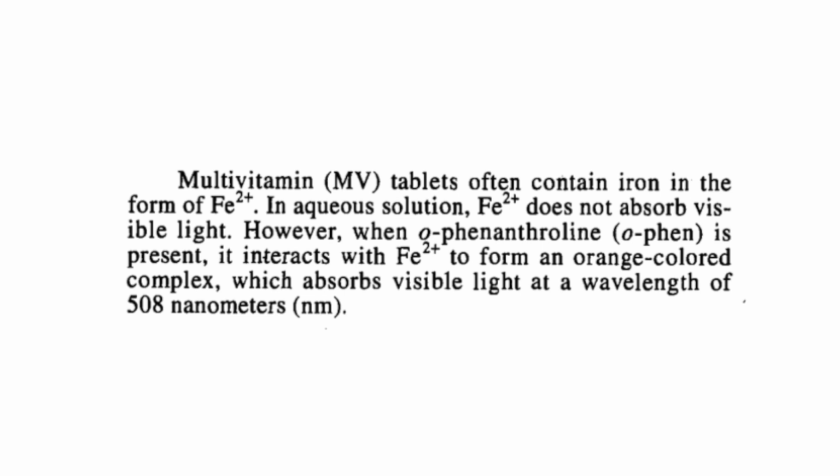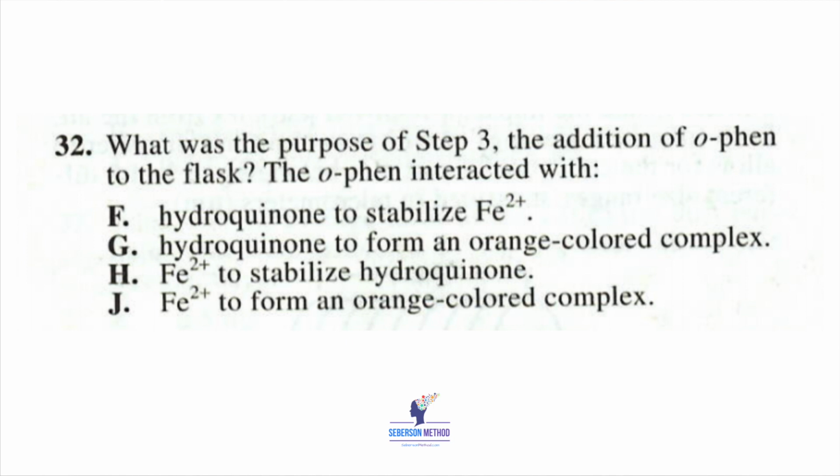So here we're going to look in the blurb, and remember how our keyword is O-fen. I'm not going to try to pronounce this thing. And here it says, however, when this O-fen is present, it interacts with the Fe2+ ion to form an orange-colored complex. Let's go and try to match to the answer. Guess what? It says that it's used to form an orange-colored complex. The answer is J.